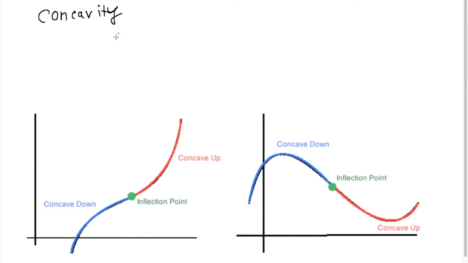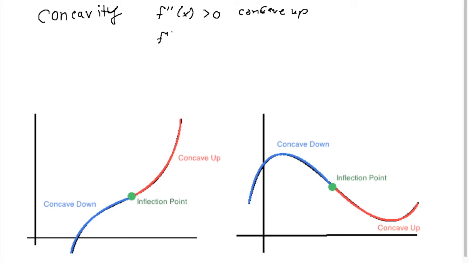Let's get a more rigorous mathematical definition of concavity, whether a graph is concave up or concave down. To know whether a graph is concave up or down, we must look at the second derivative, or f double prime of x. If the second derivative is greater than 0, we say that the graph is concave up in this area.